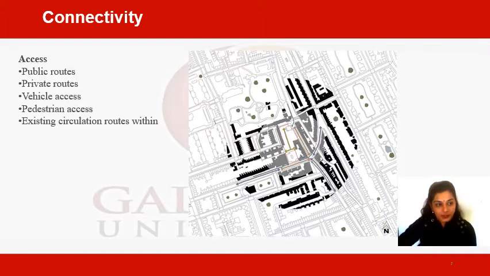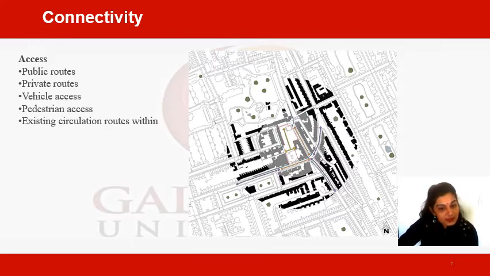Now comes connectivity. Connectivity is basically the access to your site. You should take care of the accessibility of your site, from where your site is accessible. Is there any public route accessibility to your site? Is there no public transport at your site? You should plan accordingly.